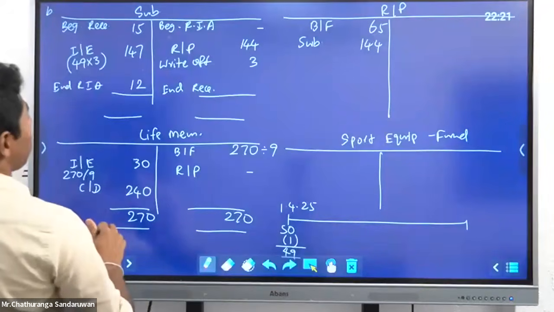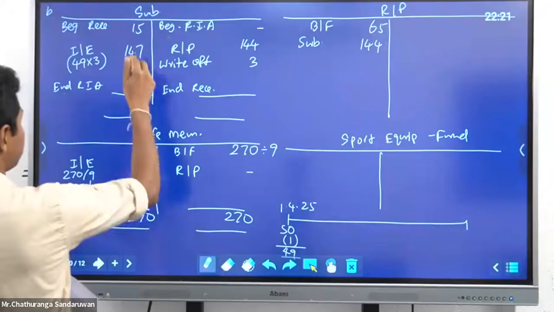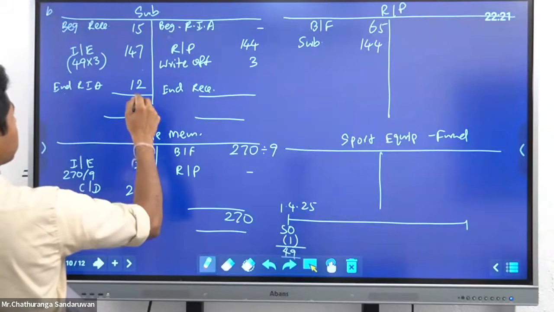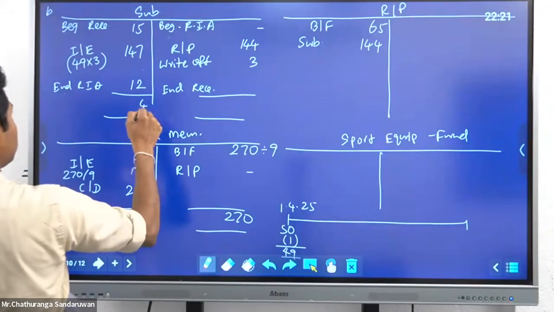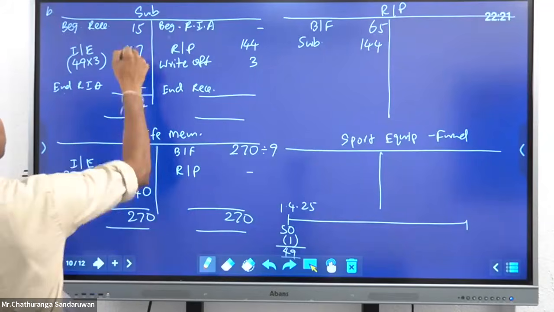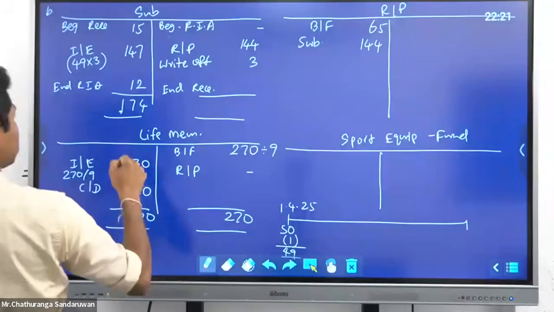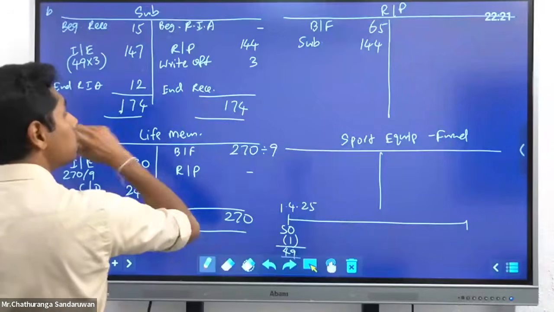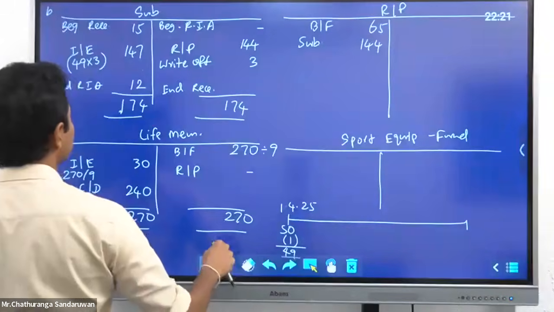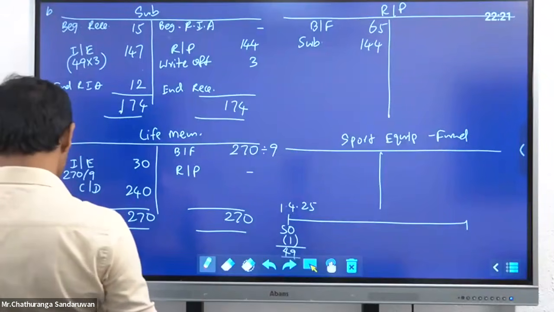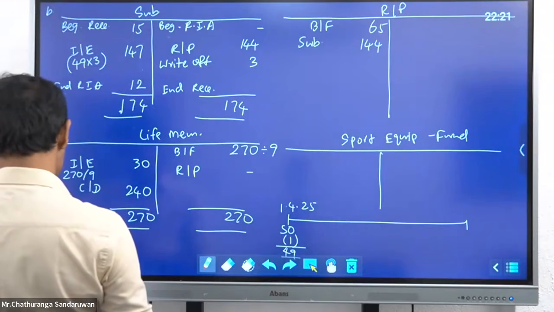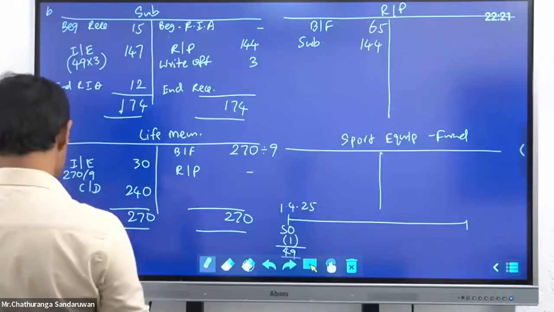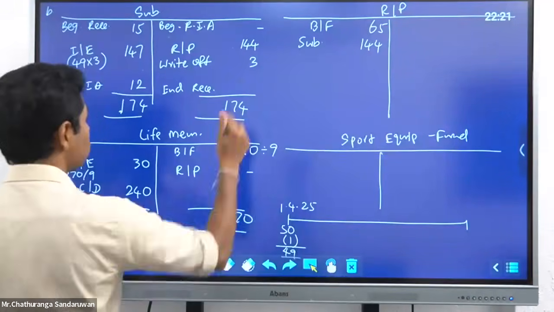Then ending receivable, you can find the debit side total is 174, right? 15 plus 147 plus 12, 174, minus 144 minus 3, 27.